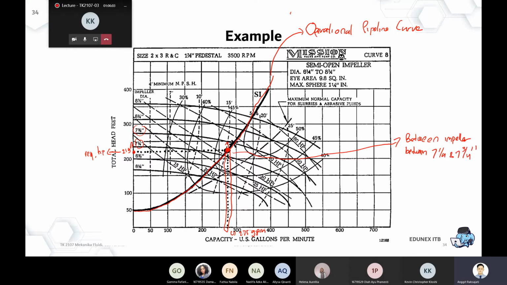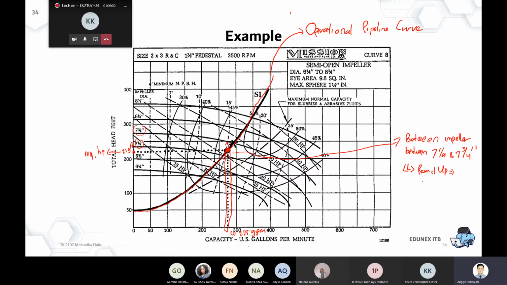Maybe if they produced the impeller at 7½ inch, that would better match our requirement. But that's not really the case in the available pumps in the market. And of course you have to round up. There is no way that you round down the impeller diameter.